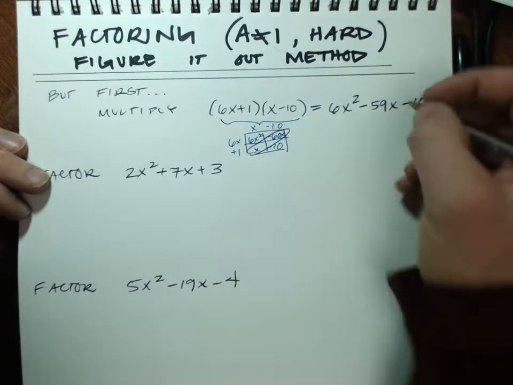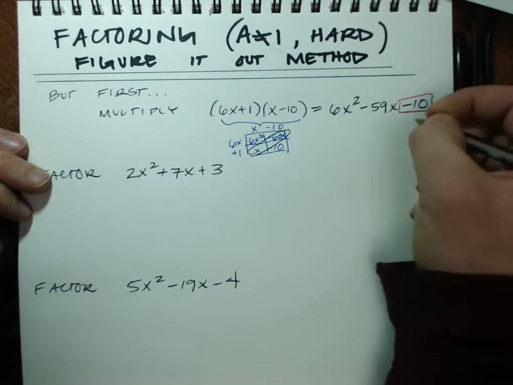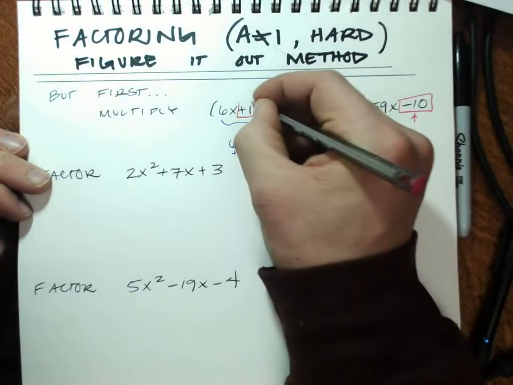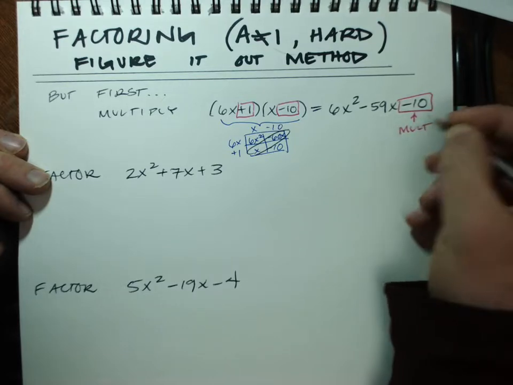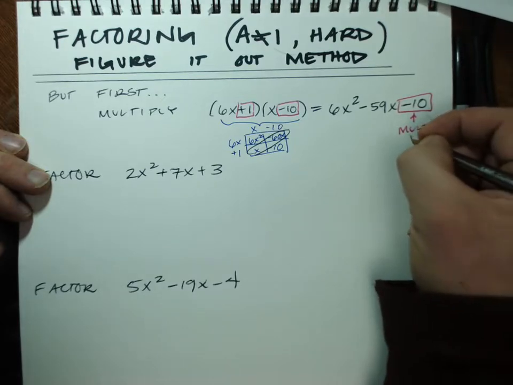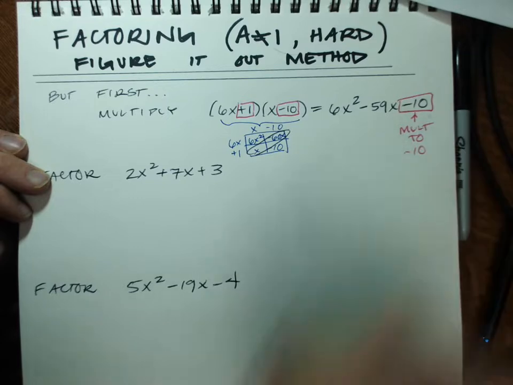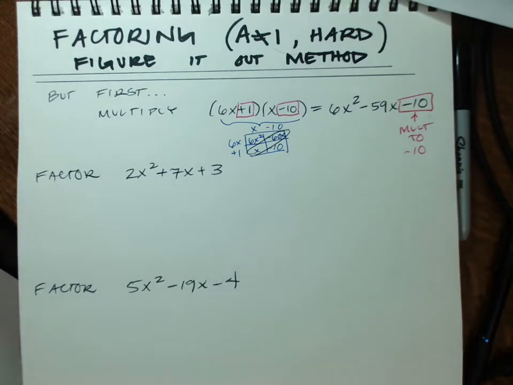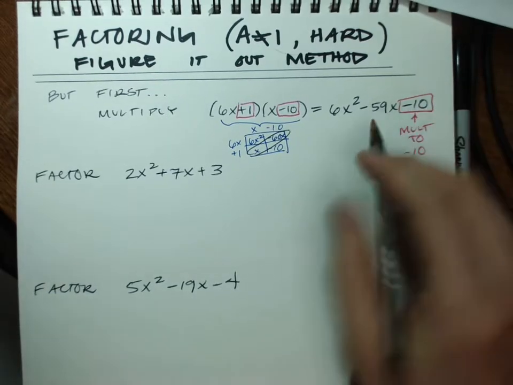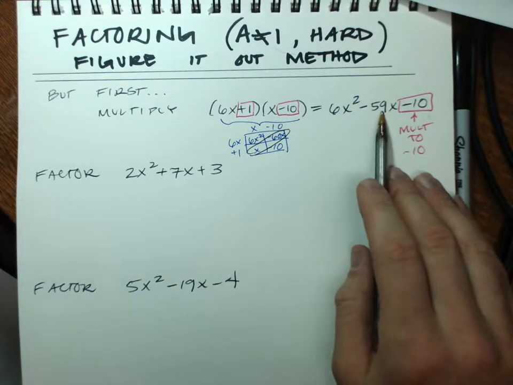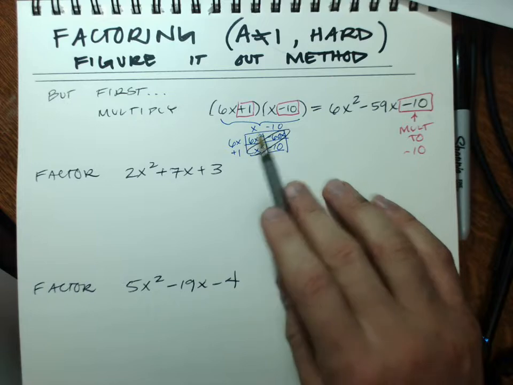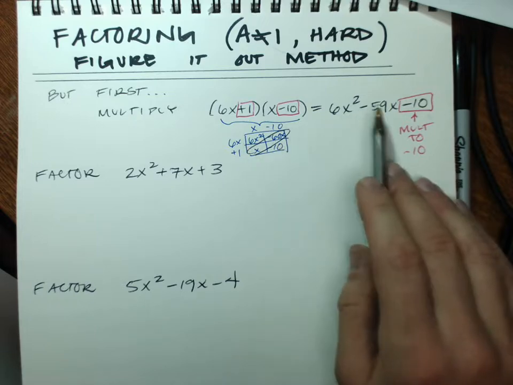So the negative 10, if we look at these values here, that's still the same as before. You're still thinking about which two numbers, if you reverse this, multiply to negative 10. However, the negative 1 and negative 10 don't add to negative 59, because the 6 is kind of messing with the process from before.